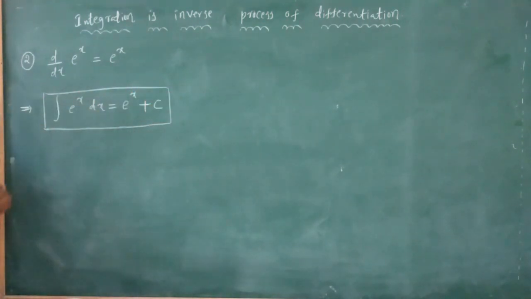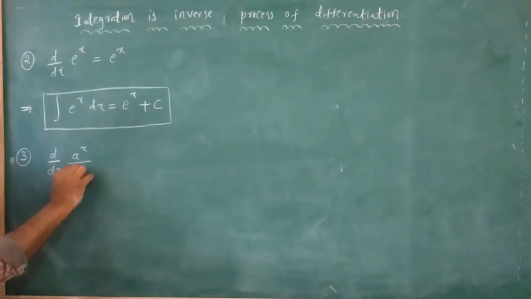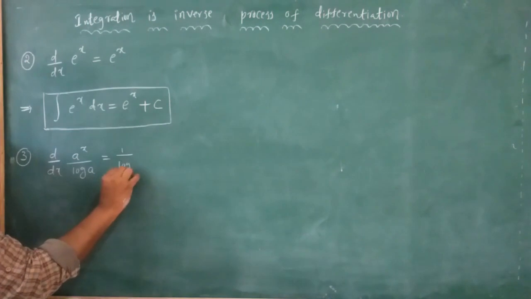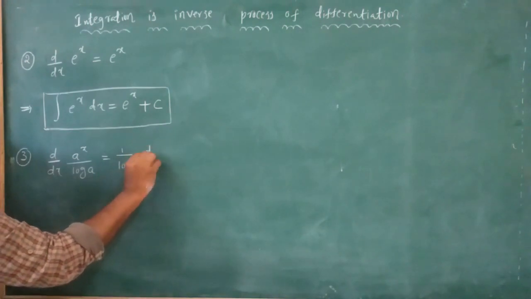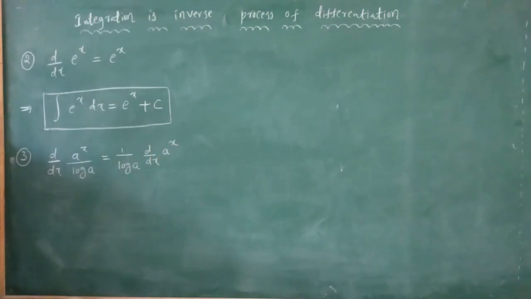Next, third one: what is the derivative of a^x divided by log a base e? So 1/log a times d/dx of a^x.